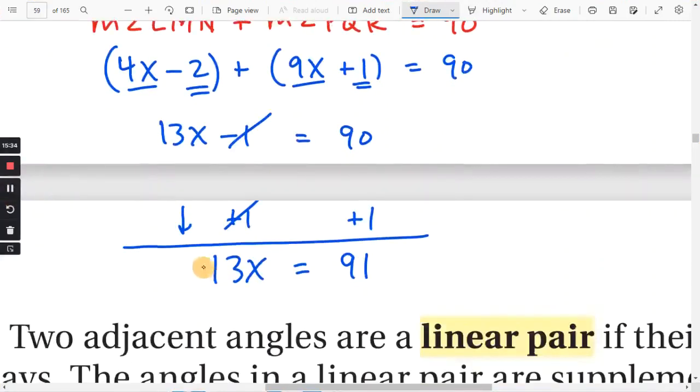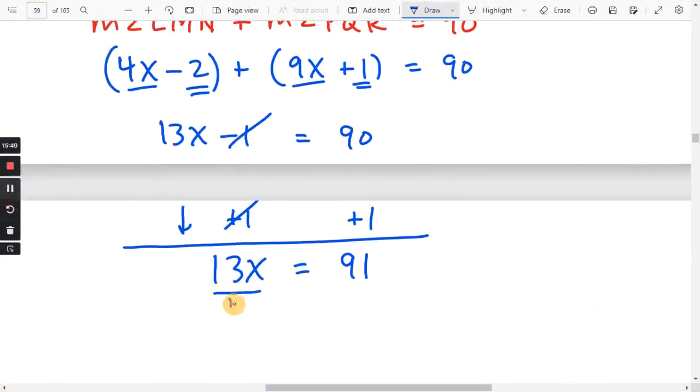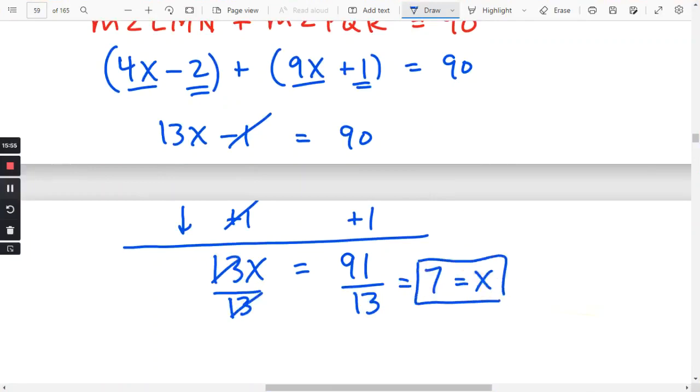Okay, dividing both sides by 13. The 13s cancel. And 91 divided by 13 is 7. So x is 7. And they said they wanted the actual measurements.